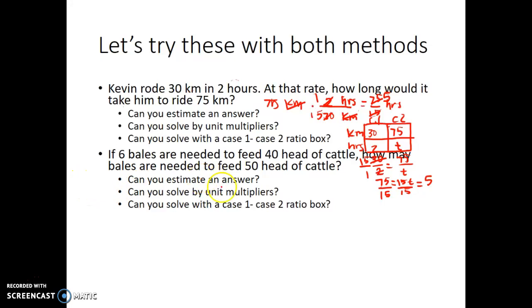So again, if I wanted to use unit multipliers, I would start off with my 50 head of cattle because that's what I care about. And then I would multiply that by some relationship between bales and head of cattle, with my head of cattle now in the bottom so that it kind of cancels my units.